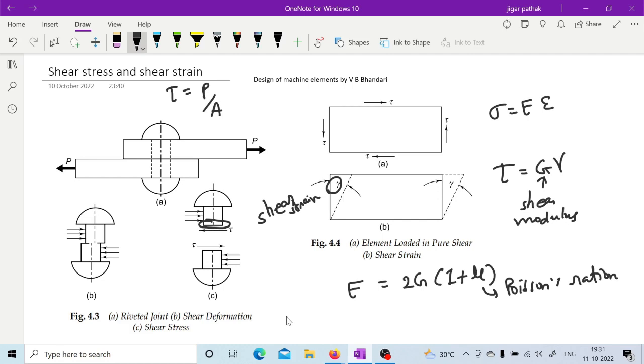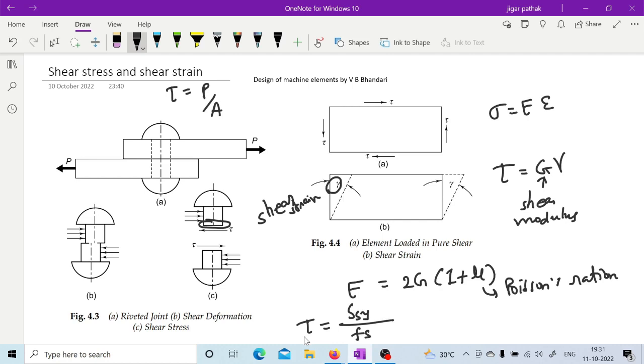Now for permissible shear stress, as you know, we use the factor of safety. So permissible or allowable shear stress will be the failure or total shear strength upon factor of safety. As we have discussed already, the factor of safety is the failure stress upon the working or allowable stress.